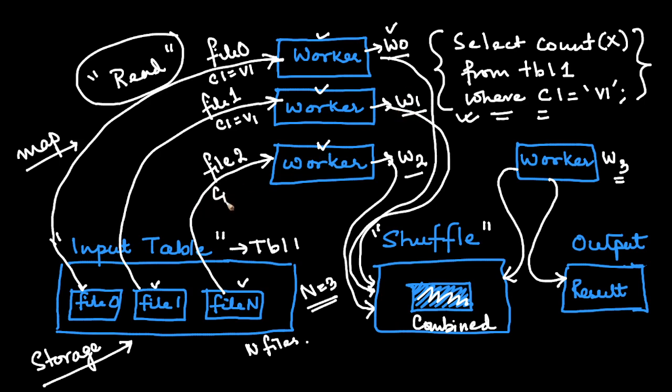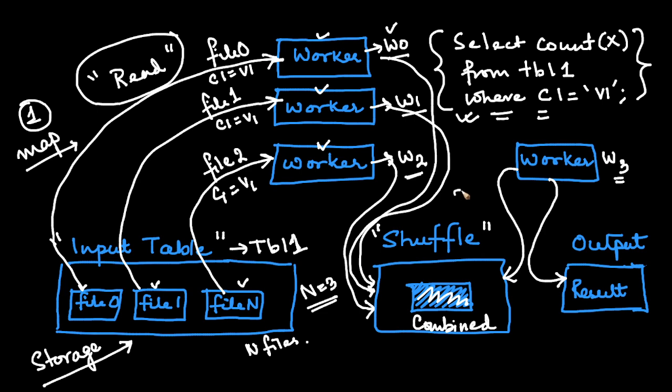And then for file 2 also, the chunk file 2 of this input table TBL1, the column C1 should have a value equal to V1, which is read by worker W2. That's the map stage, where the data is mapped to the specific workers and may be filtered or sorted depending on the query syntax.